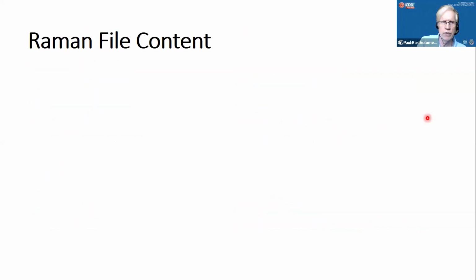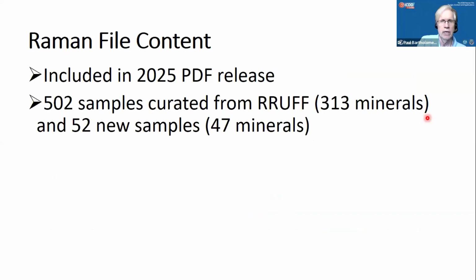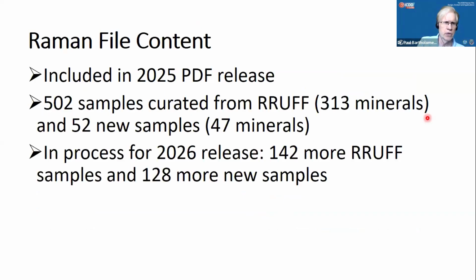All right, so what have we achieved? Raman records appeared as part of the PDF database in the 2025 release. At that point, it contained rough spectra that cover 313 mineral species and new samples that I collected Raman spectra on that covered another 47 mineral species.